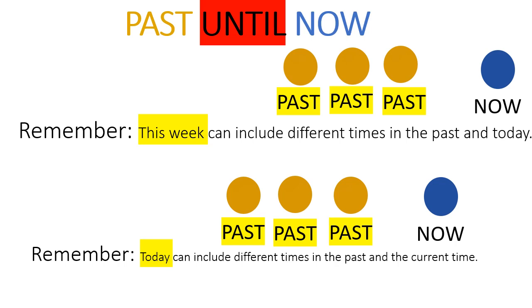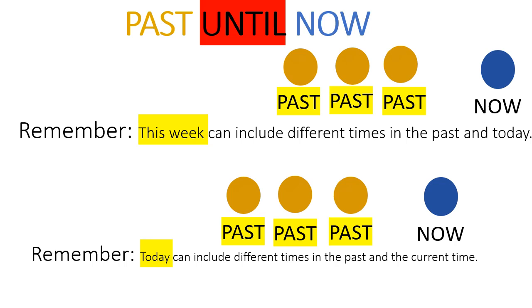So if you make a question or answer a question about the past until now, here are examples of times. You could say this week. So this week can include different times in the past and today. If you say last week, that does not include now. So you can't use last week in sentences talking about the past until now.